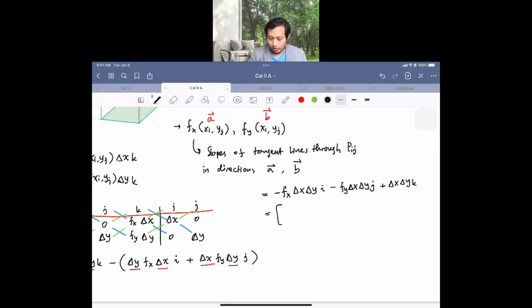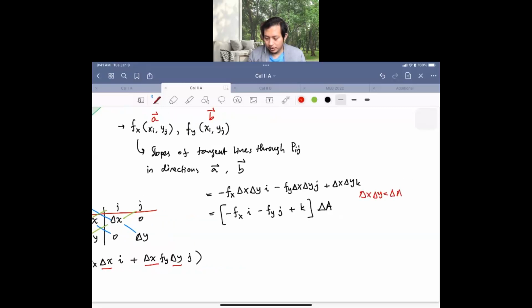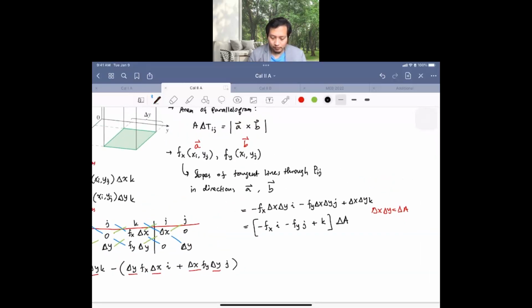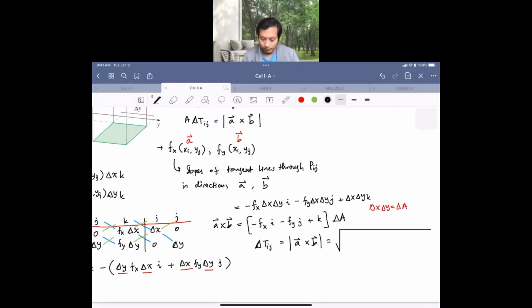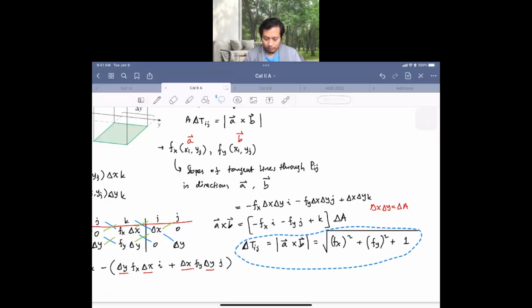So we can factorize the delta x delta y, and delta x delta y is equal to delta A. So this is A cross B, and the delta T is equal to the magnitude of A cross B. Now we can input: square root of partial x squared plus partial y squared plus 1, times delta A.